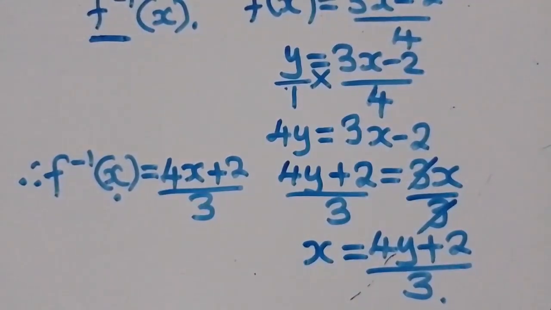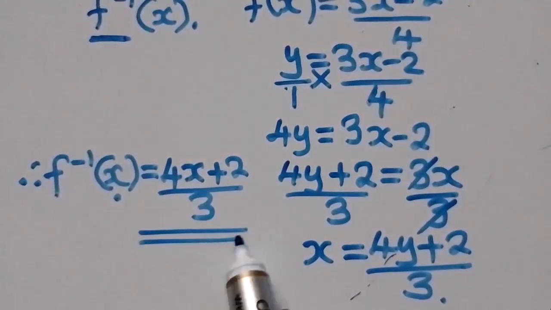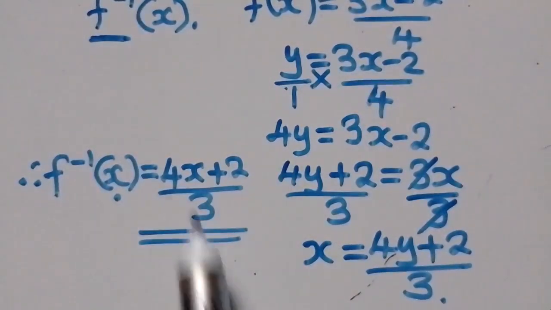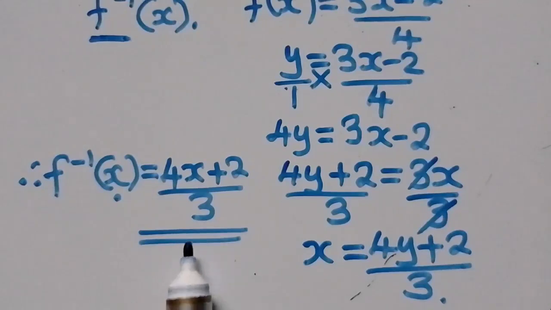This is how you need to answer that one. So that is f inverse of x. That's how you need to answer it. Make sure that you understand this part correctly, and you know how to go about that one.